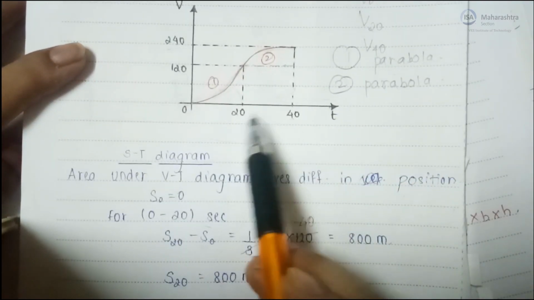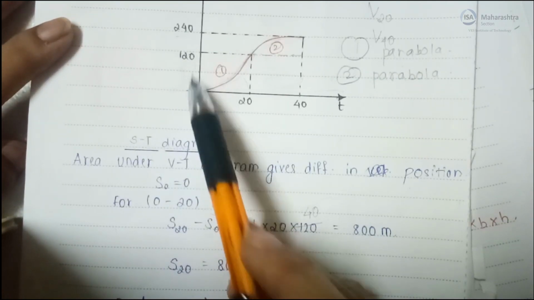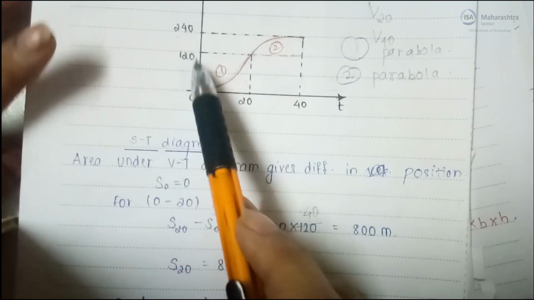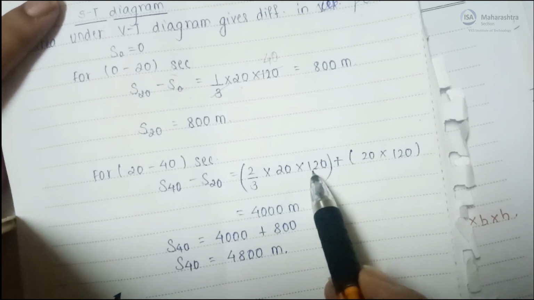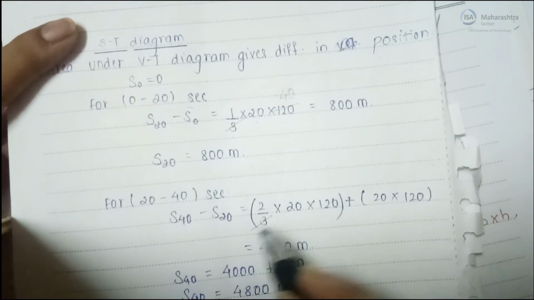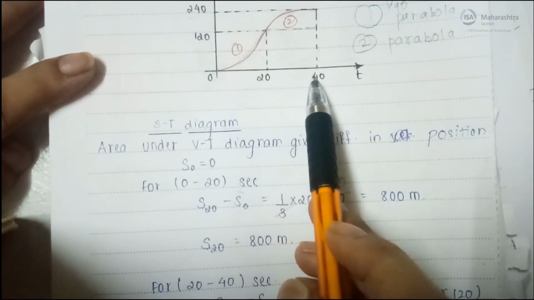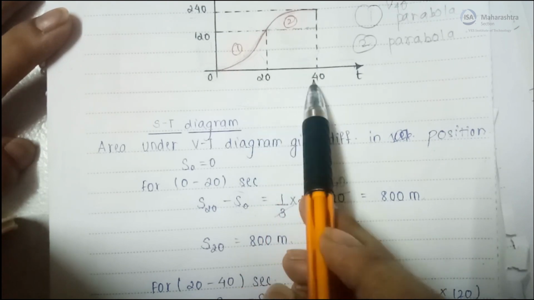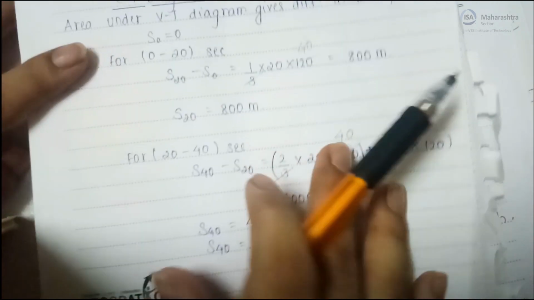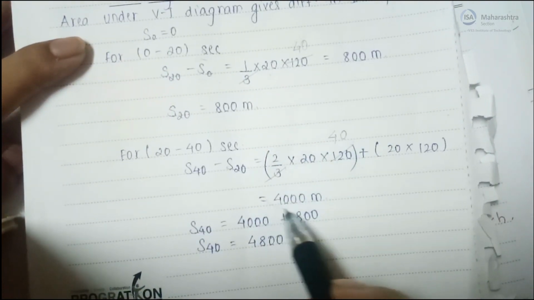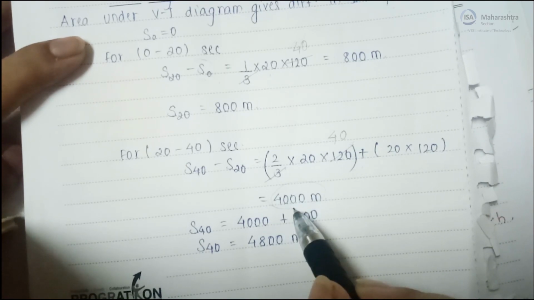The base is 40 minus 20, that is 20, and the height is 240 minus 120, which is 120. So 3 cuts 120 by 40, plus the area of the rectangle, base into height, that is 20 into 120.